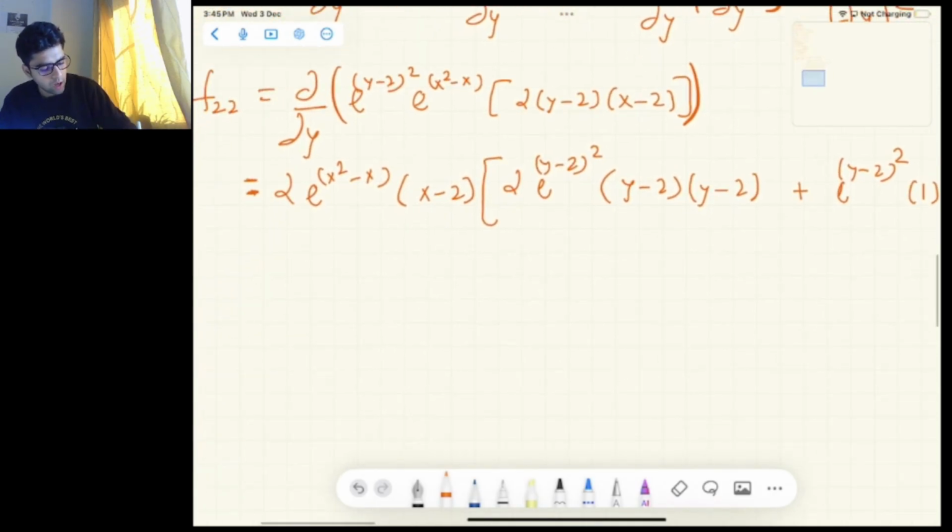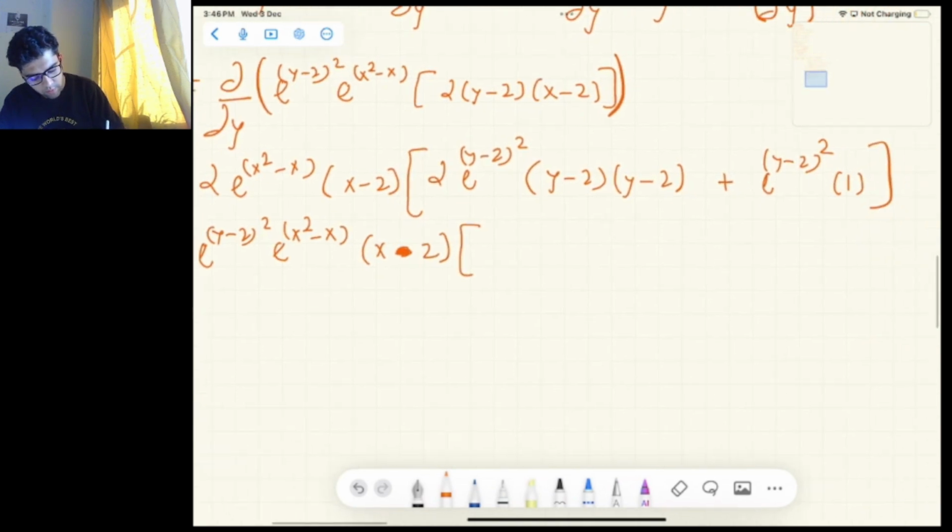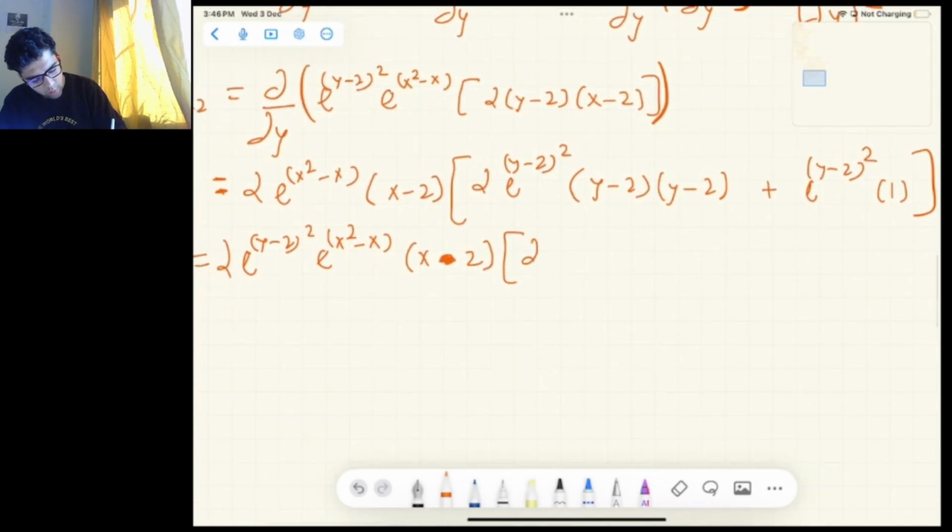So if I just take out e to the power y minus 2 whole square common, and e to the power x square minus x and x minus 2 also comes here, I'll be left with 2 times y minus 2 whole square plus 1, and this I'll be leaving like this only, right?